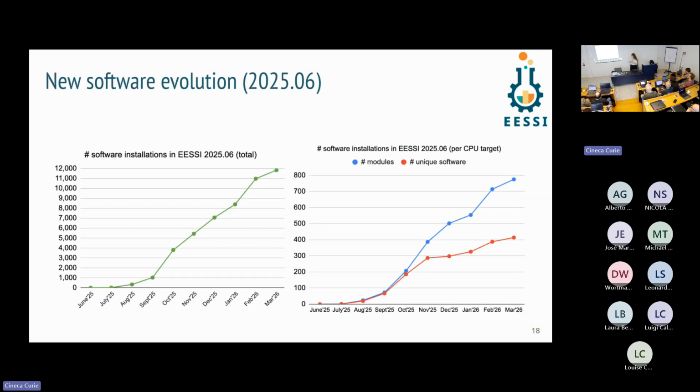For 2025.06, we started around June, July 2025. We now have around 11,000 software installations over all the CPU targets, and then so many modules.